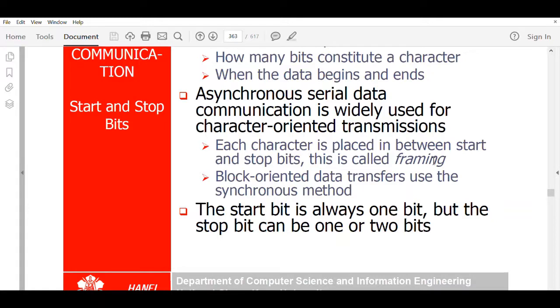Just understand that the beginning of the character is called the start bit, and after the character ends, you send a stop bit. And if you are transmitting using block-oriented data transfers, not one character at a time but blocks of characters at the same time, then it uses the synchronous method.